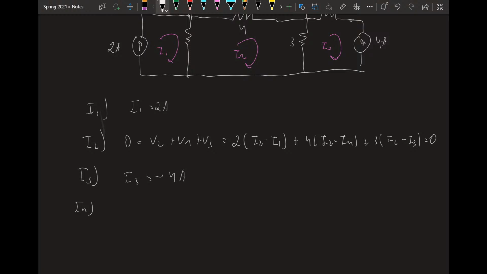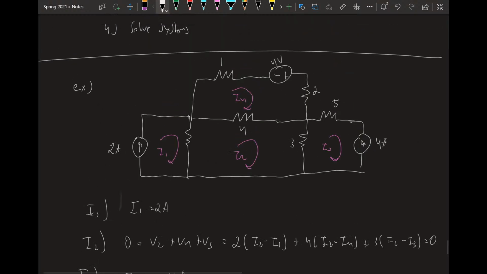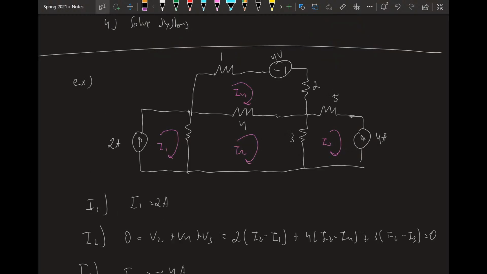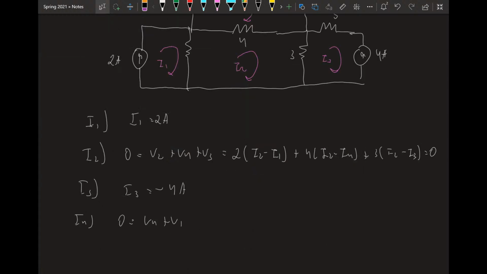So 0 equals V4 plus V1. Now this voltage source, when we're going this way, right? We're going from negative to positive. That's a voltage rise, and if you recall, I define voltage rise as negative, so minus 4, and then plus 2.